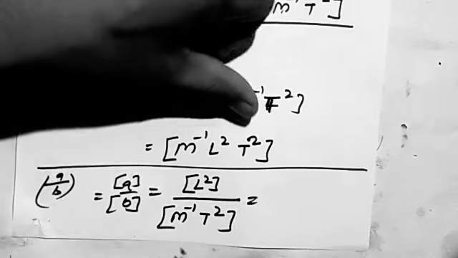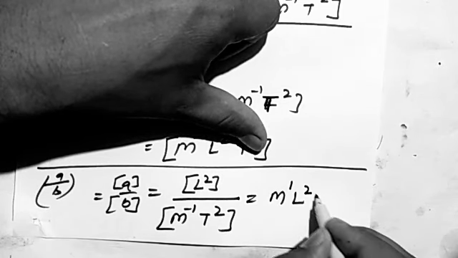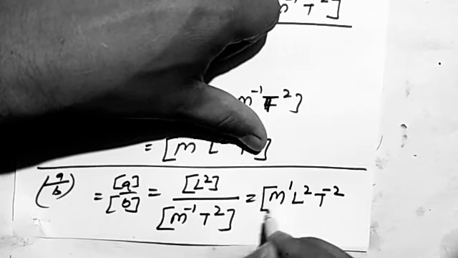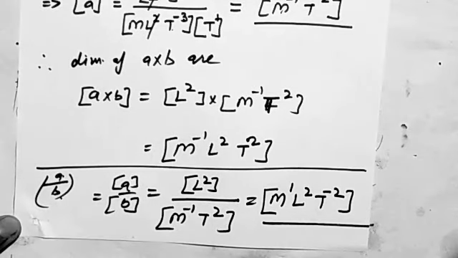So rearrange these terms: M power minus 1, L power minus 2, T power 2. This will be your dimensions of A upon B.